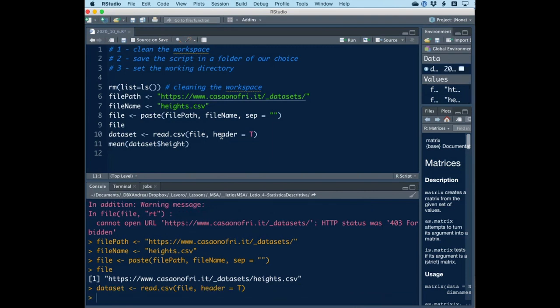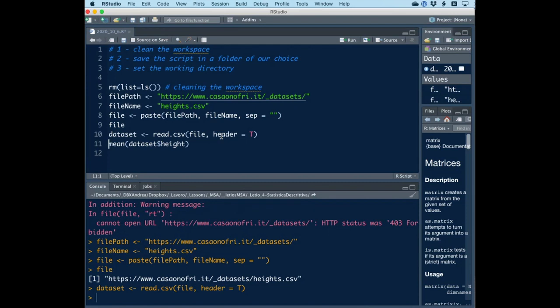Right, so look at the function at line 10. We are assigning to a variable named dataset. What do we assign? We assign the file. We ask R to read the file, which we have given him as a string of characters.